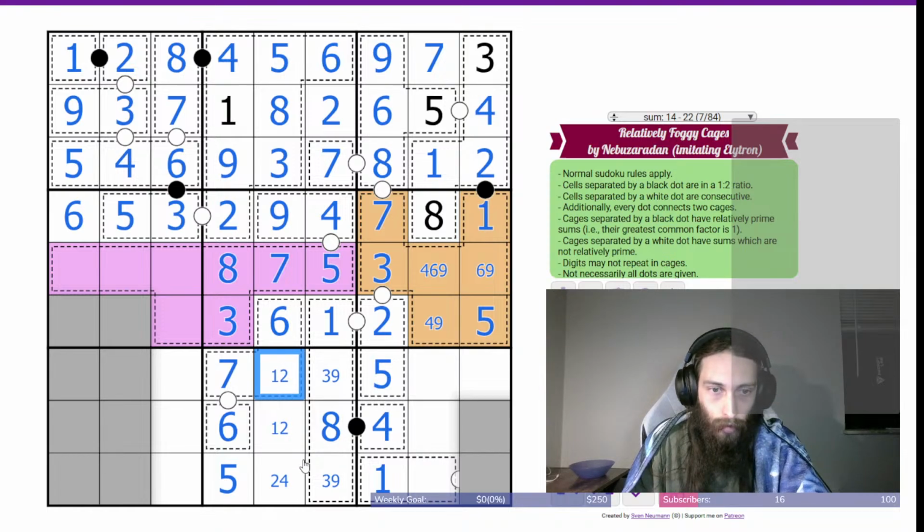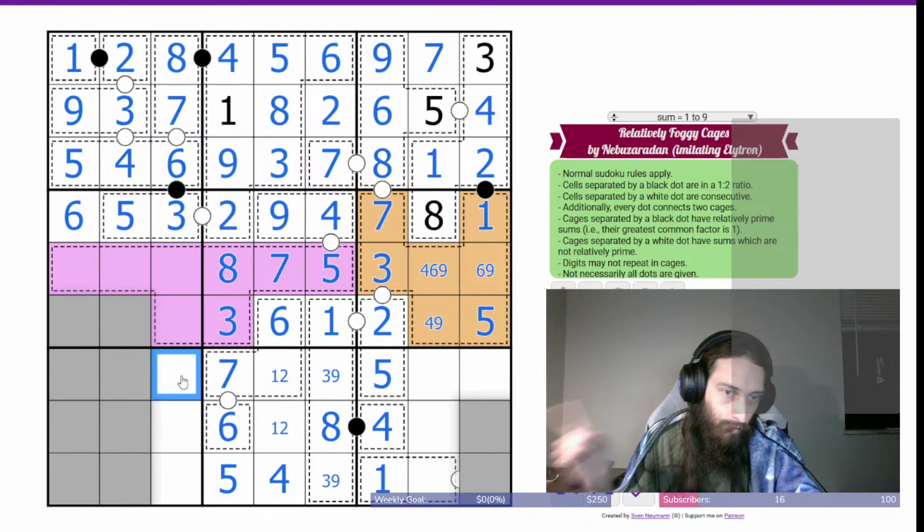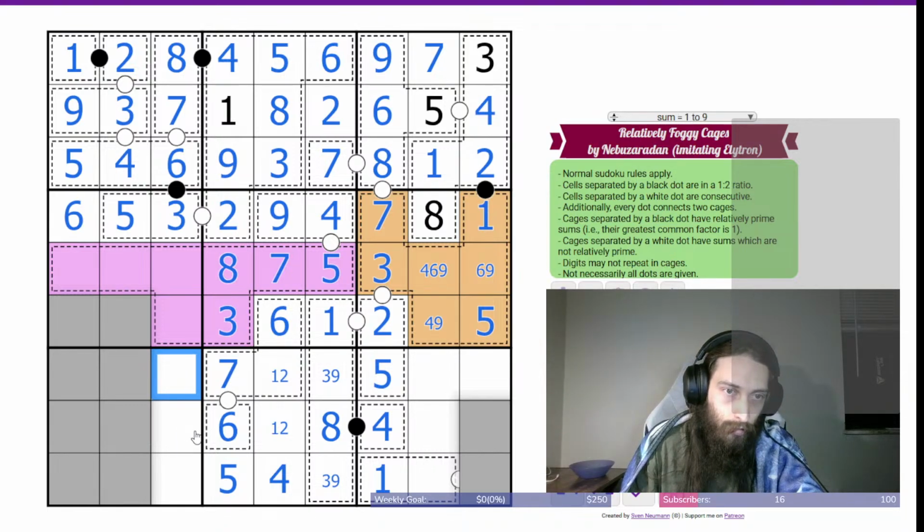But 17 is not. 13, 14, or 15. Because 14's even, and 15's a multiple of 3. And so is 6.